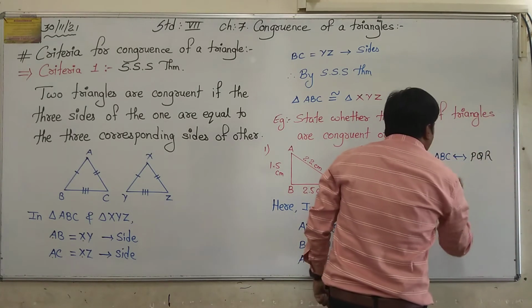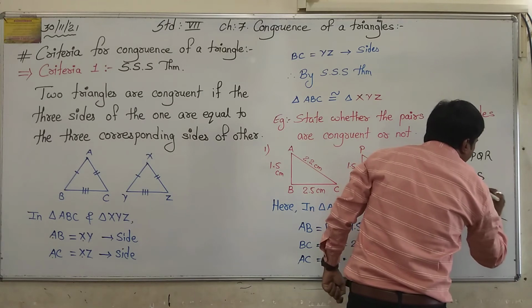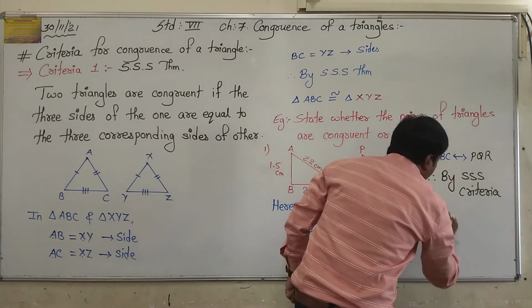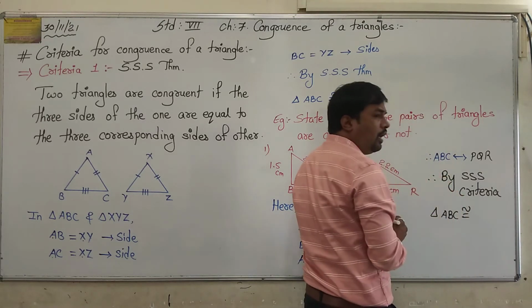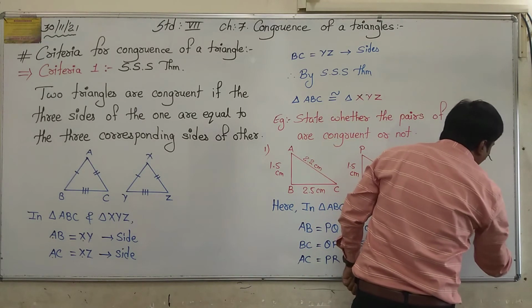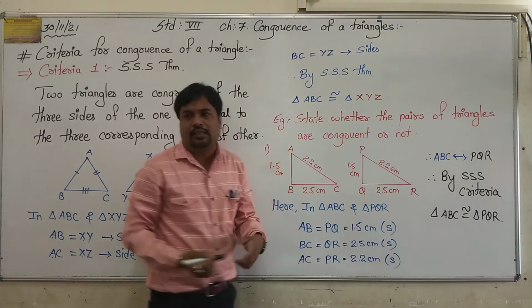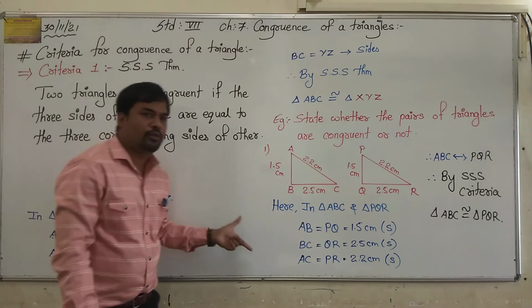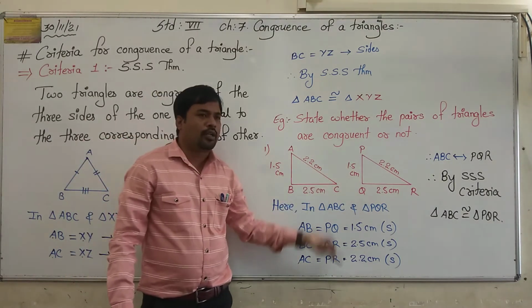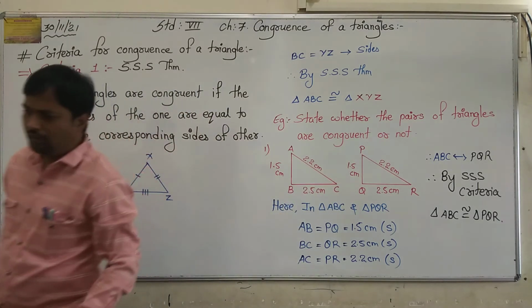Therefore, by SSS criteria, we can say that triangle ABC is congruent to triangle PQR. Once the correspondence is found, we can say that they are congruent. Understood? This is all we have to do and take the 2 marks. Just identify what is given to you, and from that predict the sums. Got it?